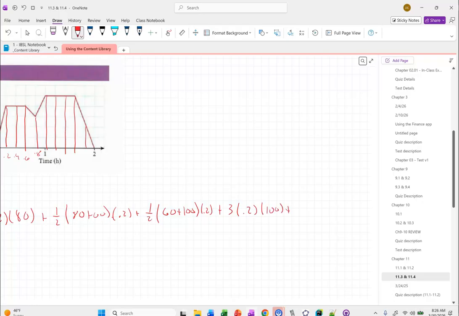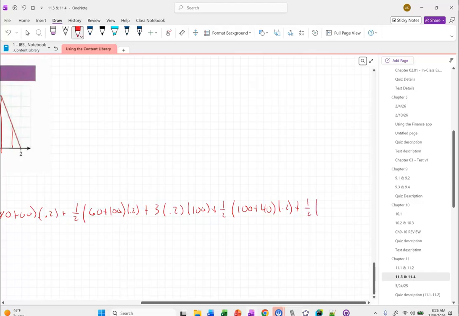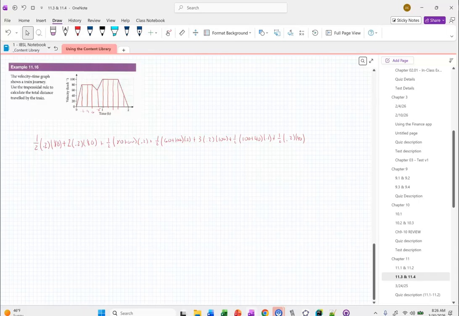Then I have another trapezoid. That's 180, 60, 40. And then I have one last little triangle there at the end. And that ought to do her. I just type that in my calculator and press enter, and bingo, bango, bongo, we are donezos.